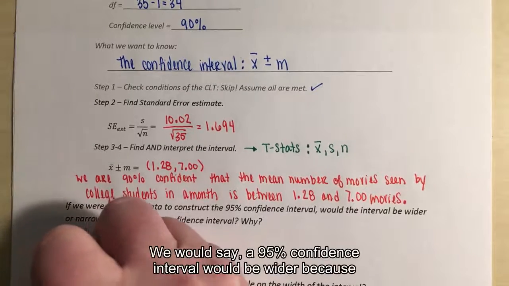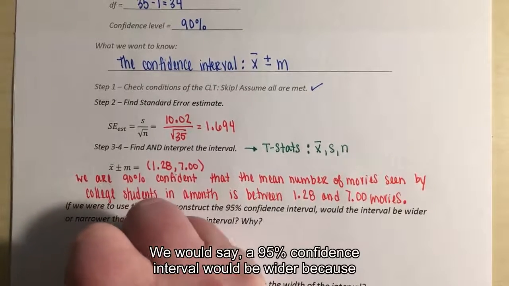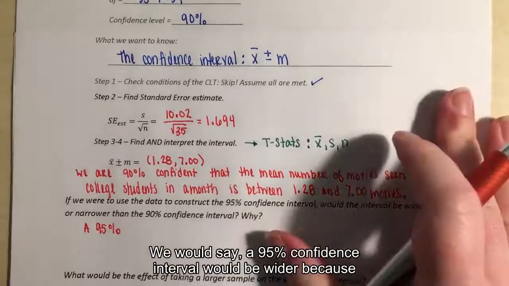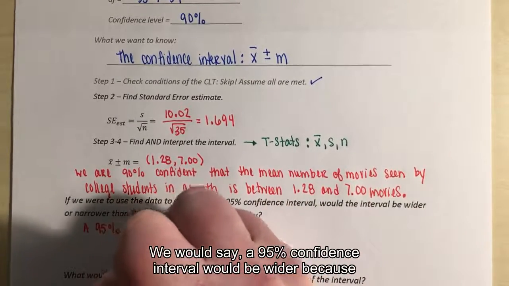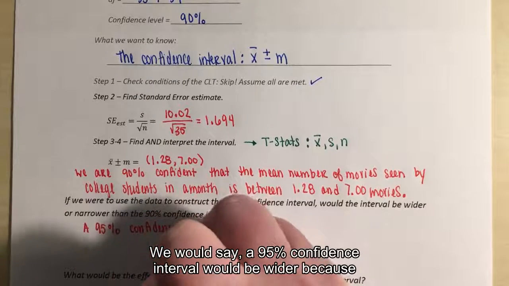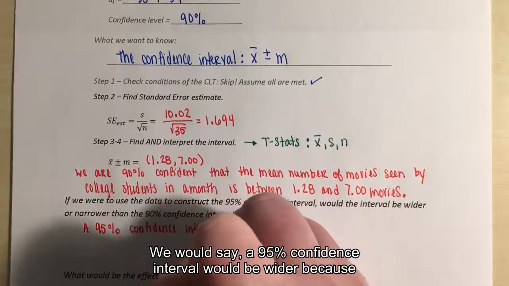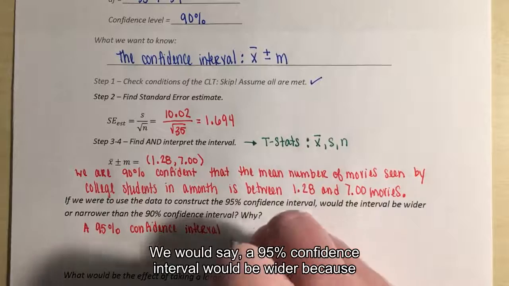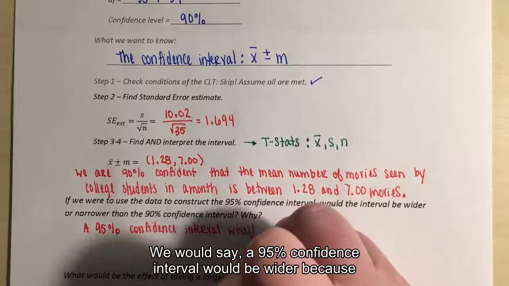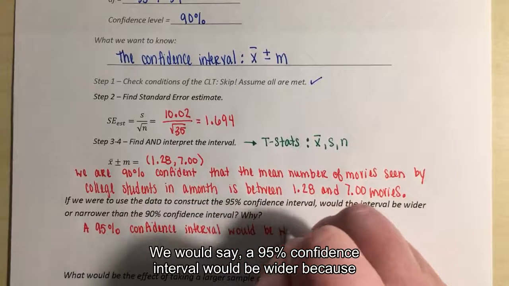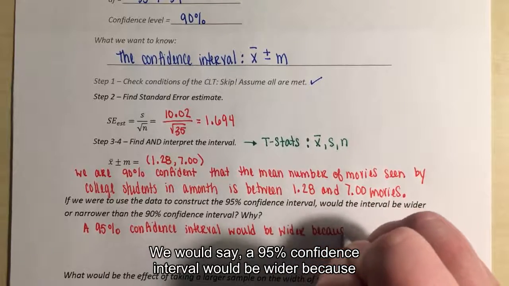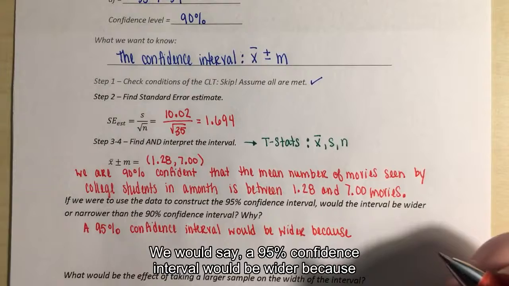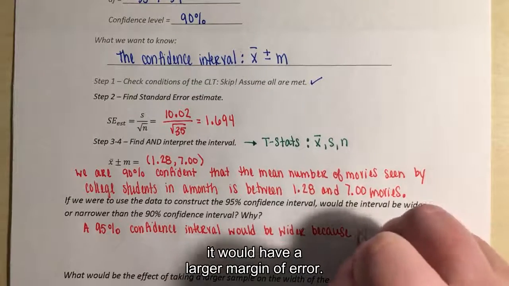So we would say a 95% confidence interval would be wider because it would have a larger margin of error.